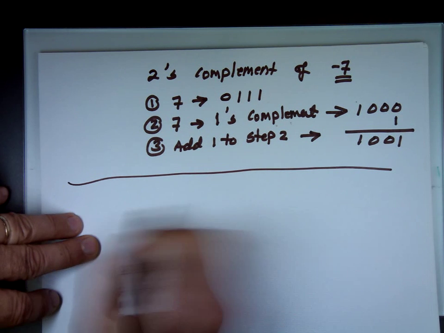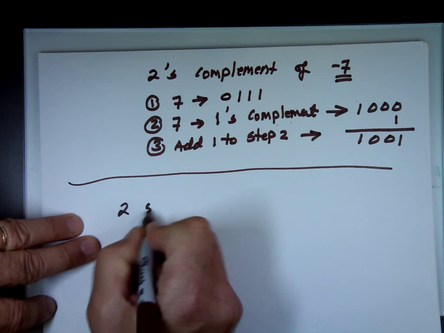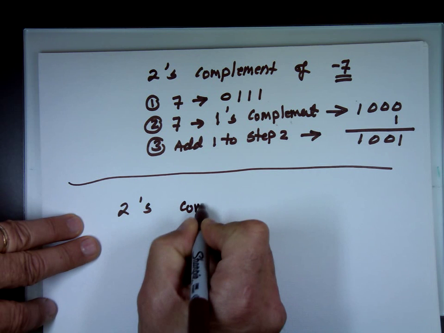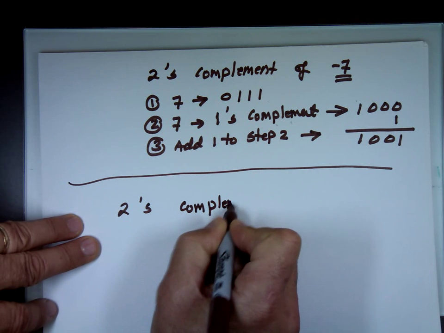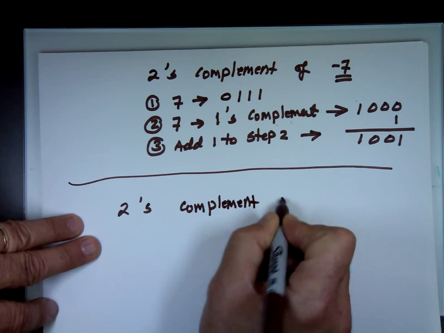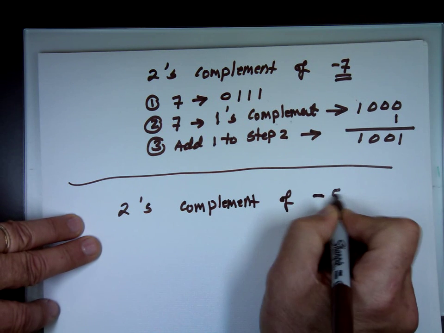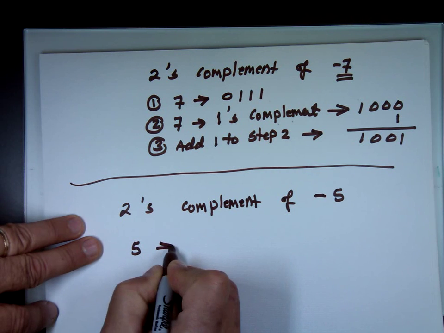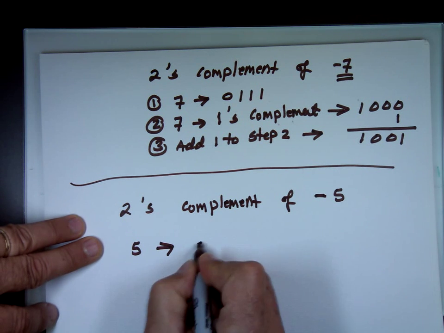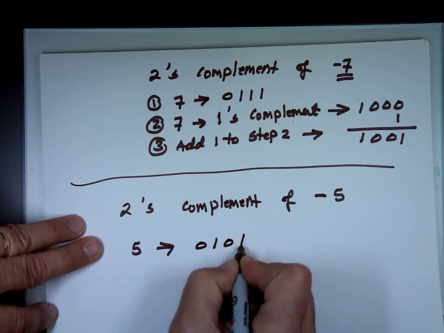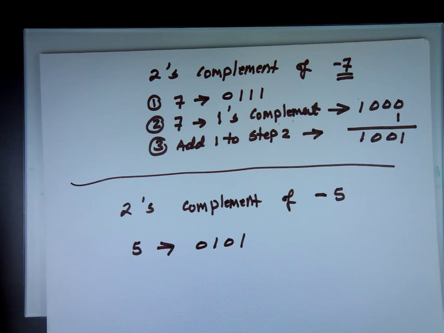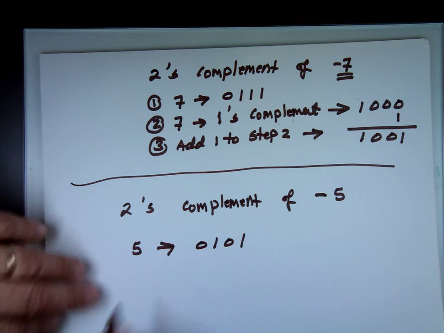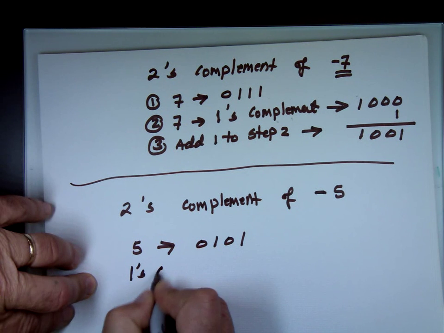So what is the 2's complement? Let's talk about this for now. Of negative 5. Take the 5 in binary. I'm using 4 bits here. What's 5? 0, 1, 0, 1. What's the 1's complement? 1, 0, 1, 0.